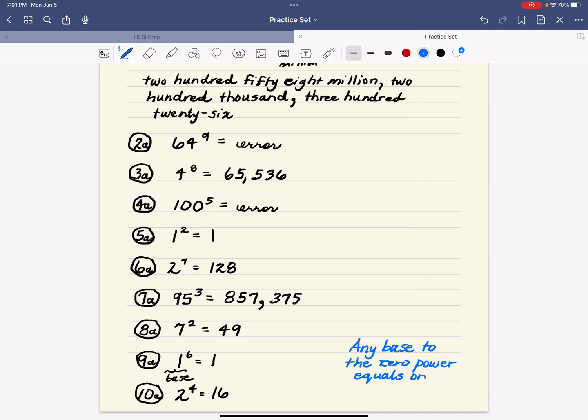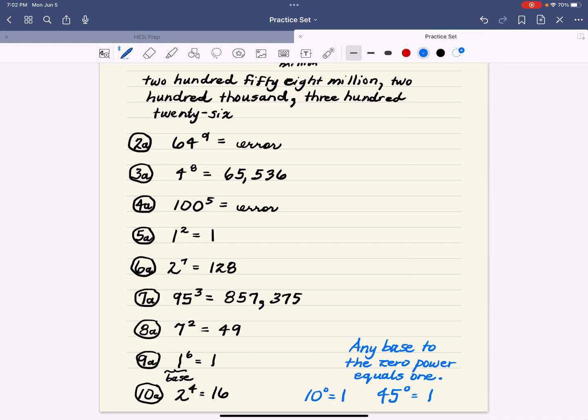And I'm not going to go into the explanation right now. Just trust me. You could have 45 to the 0 power, and that answer will be 1. You could have 10 to the 0 power. That answer will be 1. If the exponent is 0, the answer is 1.